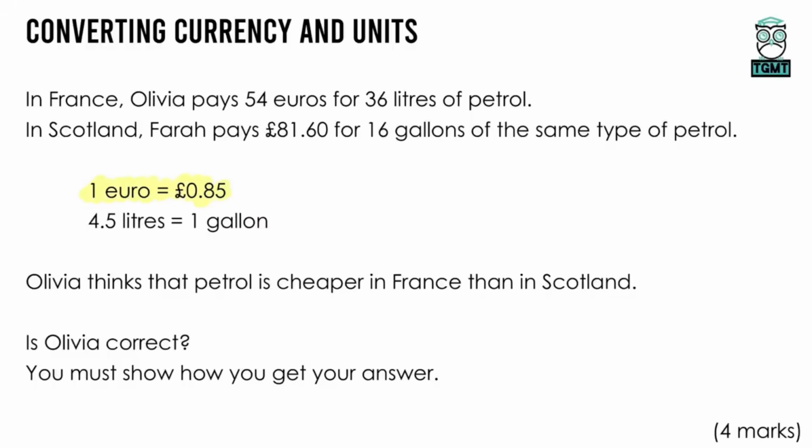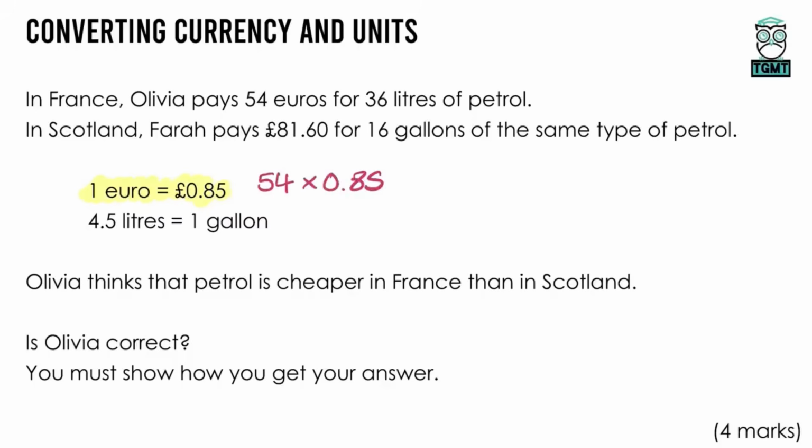So in order to get the 54 euros to become pounds, we either need to multiply or divide by 0.85. But having an awareness that the number has to be smaller means that at least if we do the incorrect one, then we're going to know about it. So the correct method here is to do 54 multiplied by 0.85.